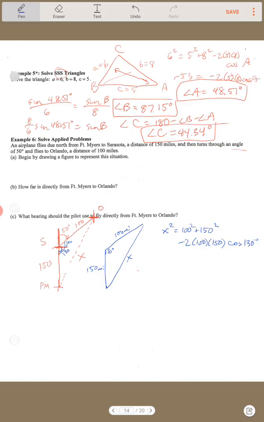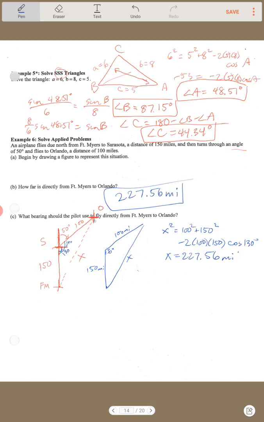All right, enter that into the calculator. 100 squared plus 150 squared minus 2 times 100 times 150 times cosine of 130 degrees, and then don't forget to square root it, and we'll get a value of 227.56 miles away. That's your answer to B.